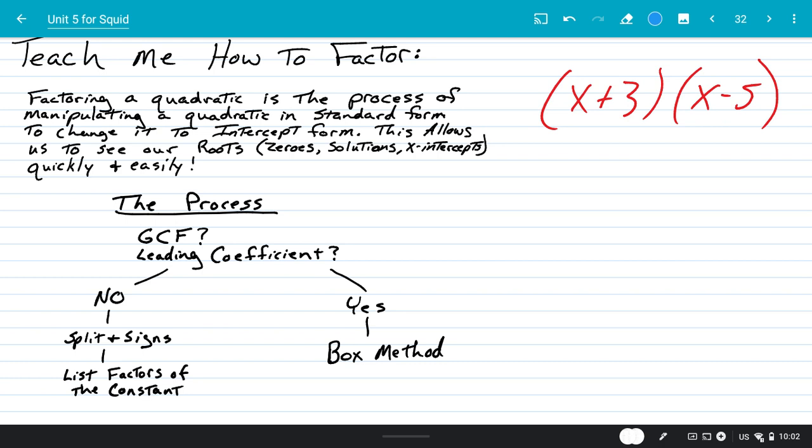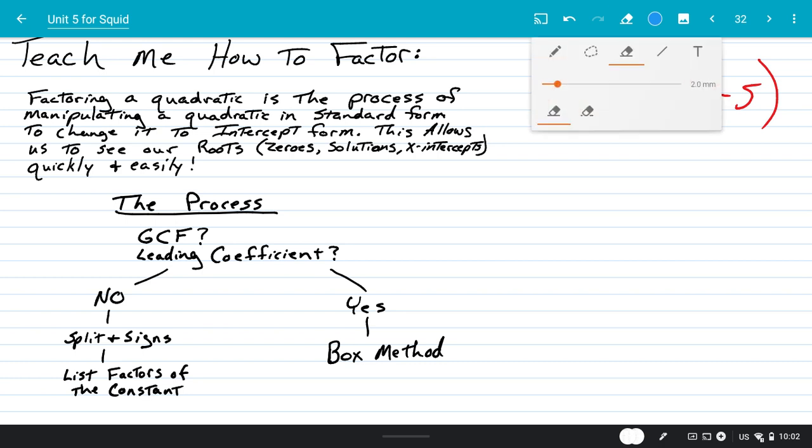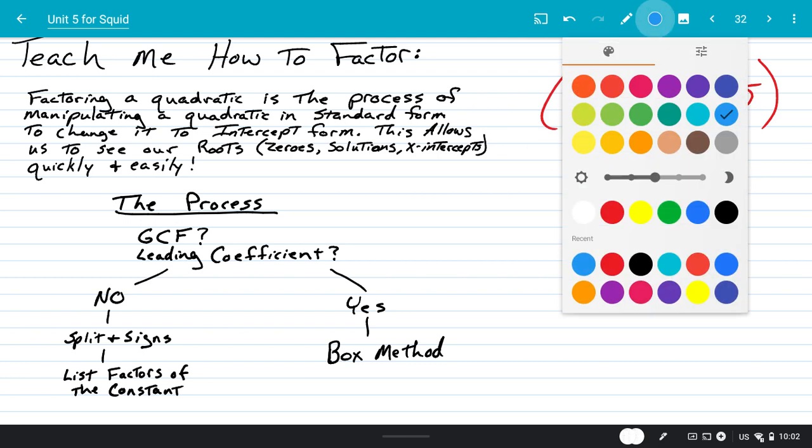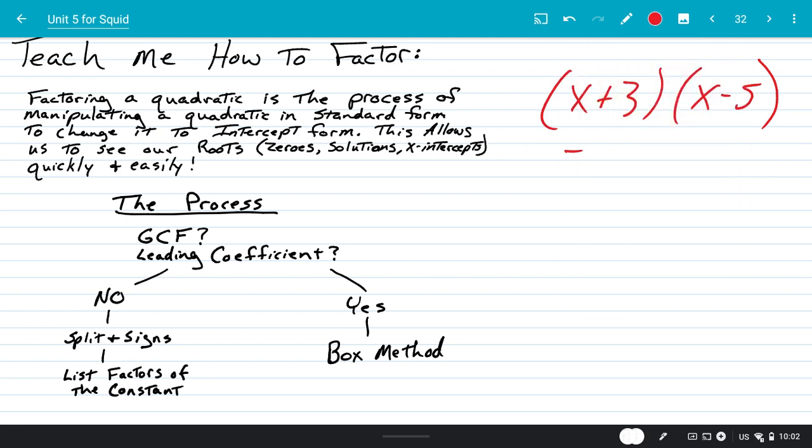They are -3 and +5. Remember, we're asking what can I put in for that x to make this set of parentheses equal 0.